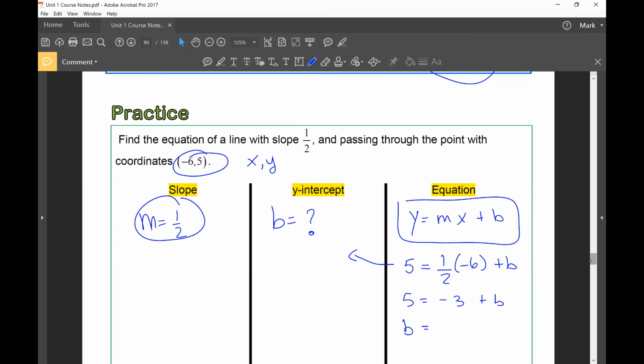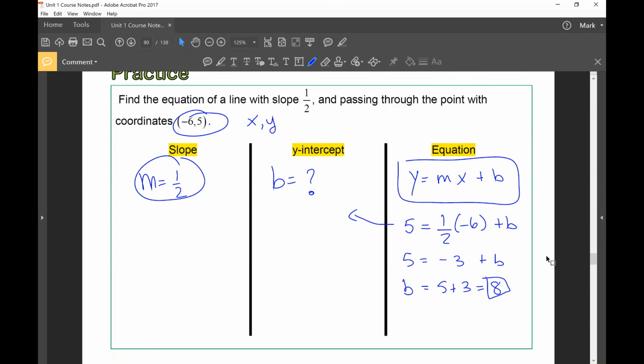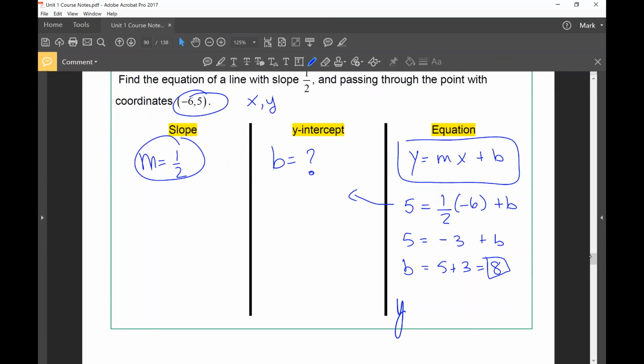B is going to be 5 plus 3, which is 8. So the equation of my line is y equals 1 over 2x plus 8. Whew. All right, let's check the chat. Bilal, thank you so much for answering that b is equal to 8. Excellent.